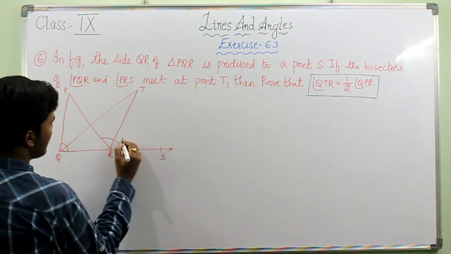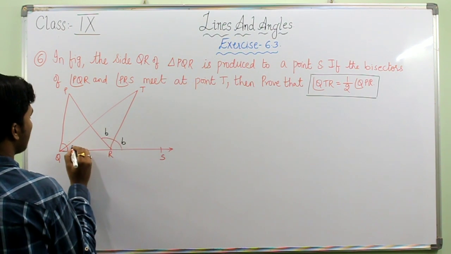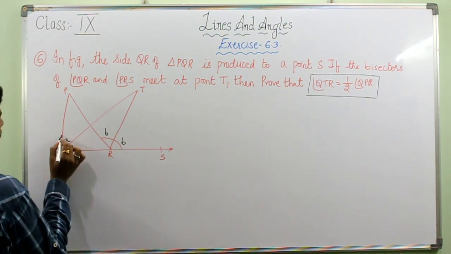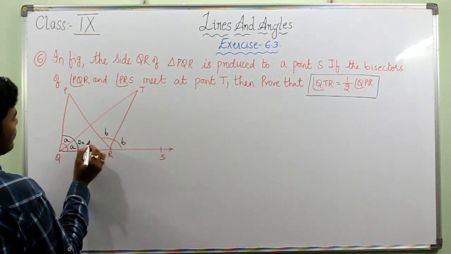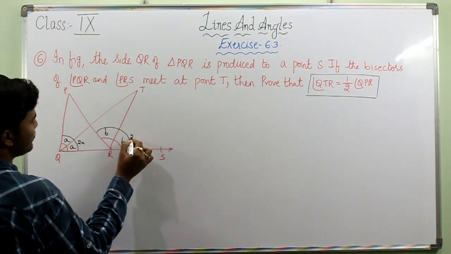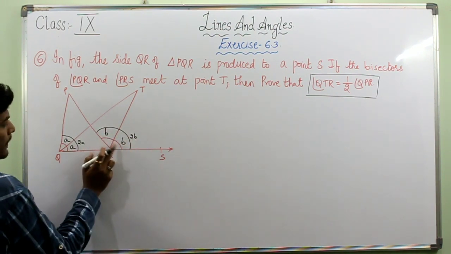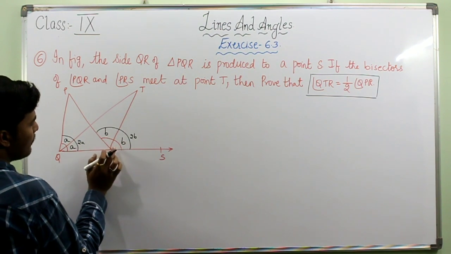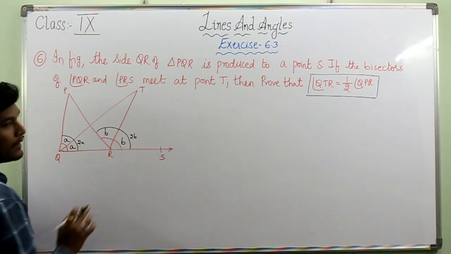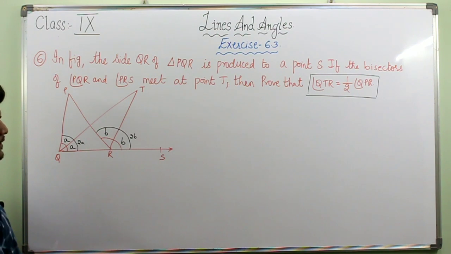So let us take this as B, this as B, this as A, this as A, and this complete will become 2A, this complete will become 2B. Why am I taking it as B and B? Because it is an angle bisector, the angle will divide into two halves there.